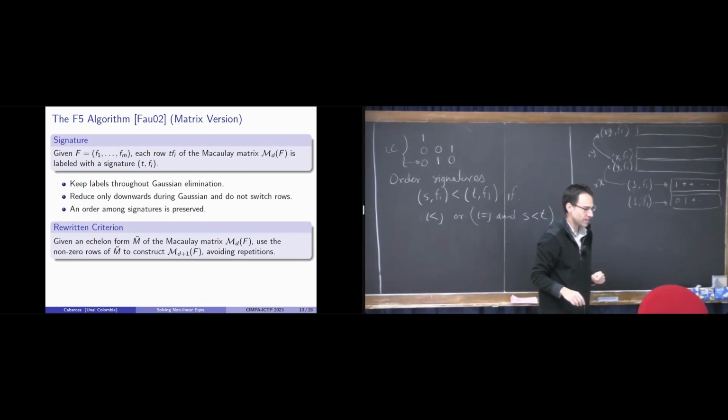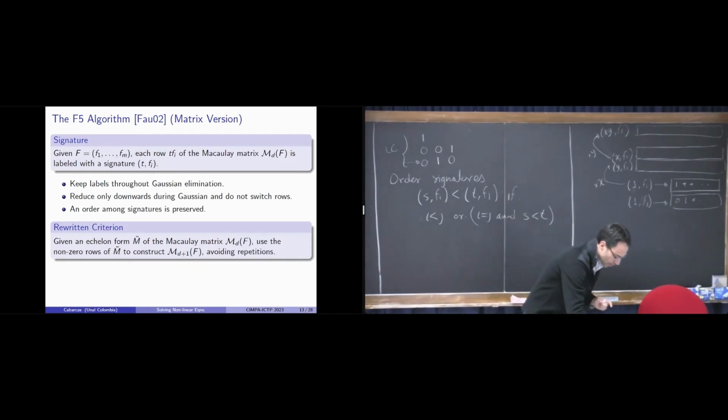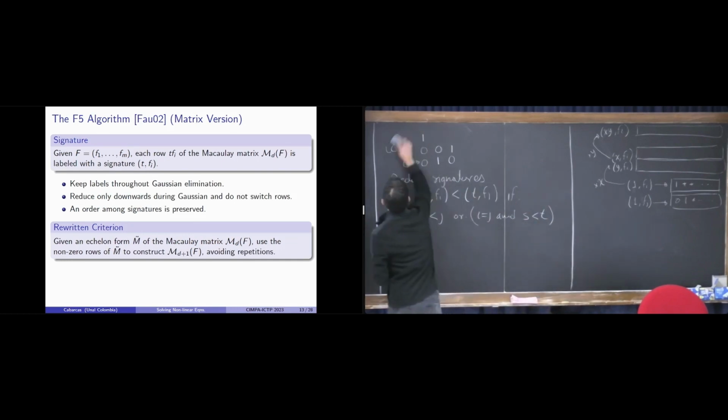Now the next one goes in a different direction. The idea now is we know there are some trivial CCGs, and we want to avoid those. Explain the idea first before I give the criteria.